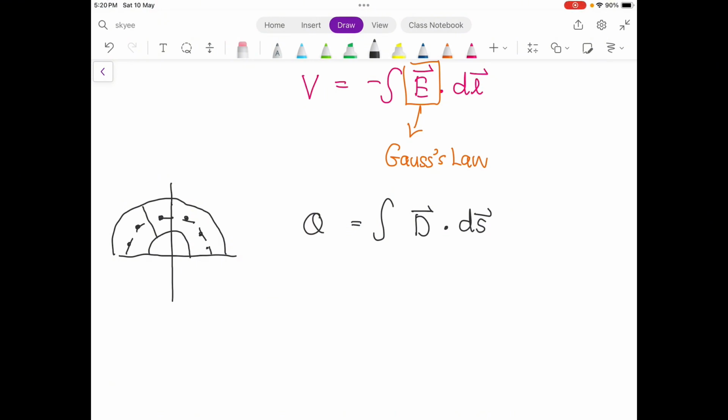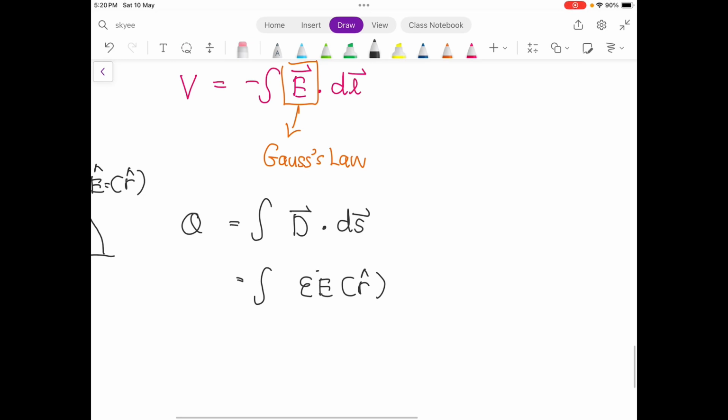The electric field is going in this way, in the R direction. So we can write it as epsilon E in the R direction, because D equals epsilon E, and multiply with the ds of cylindrical coordinates. This one is the same as our derivation, so it will be r, d phi, dz, in the r direction.